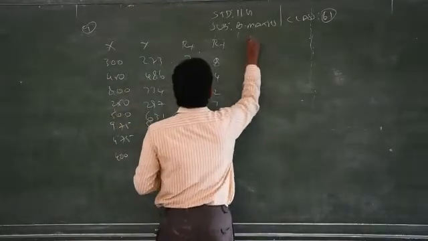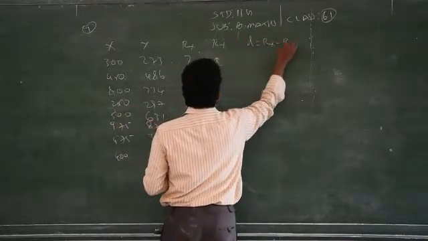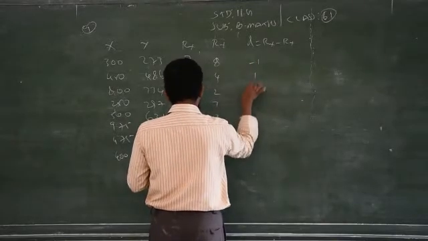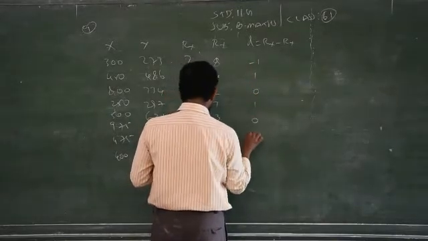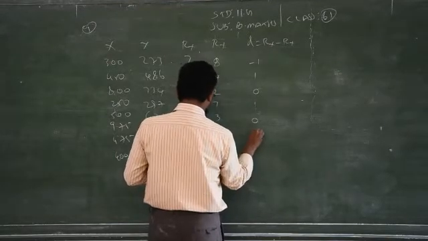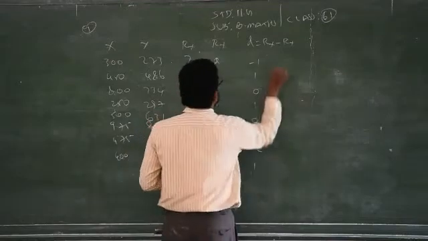Now you have to find out D, that is Rx minus Ry. So what will come here? Minus 1, 1, 0, 1, 0, 0, minus 2, 1. Then D square.